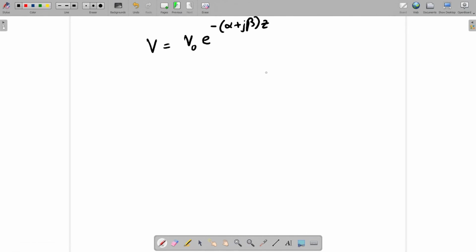This attenuation is being accounted for by this term alpha. Similarly, the current is given by V by Z 0.